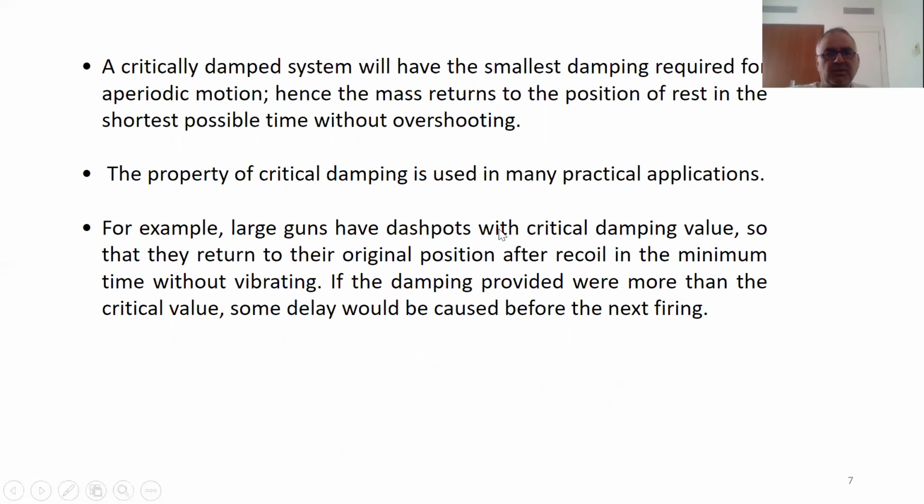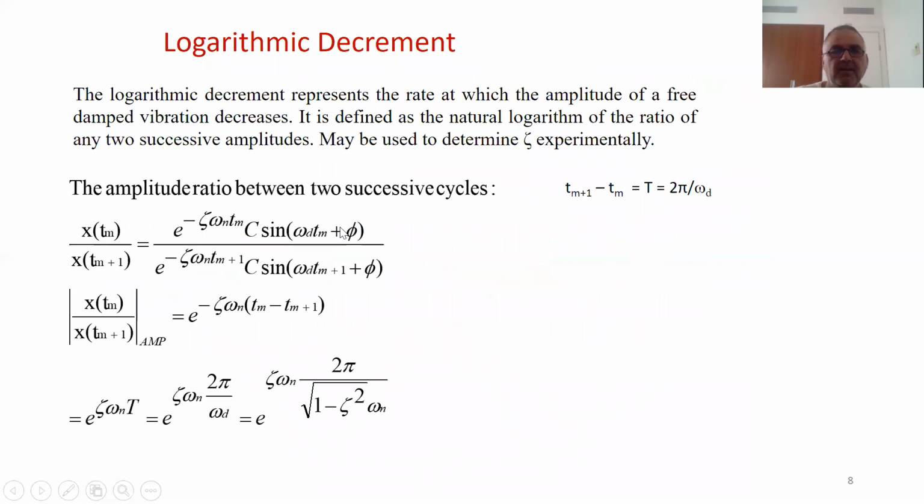For example, in large guns, you arrange the dashpot so that there will be critical damping, or door closing mechanisms might have critical damping. Now, there is another thing. The logarithmic decrement is used in the analysis of damped systems.